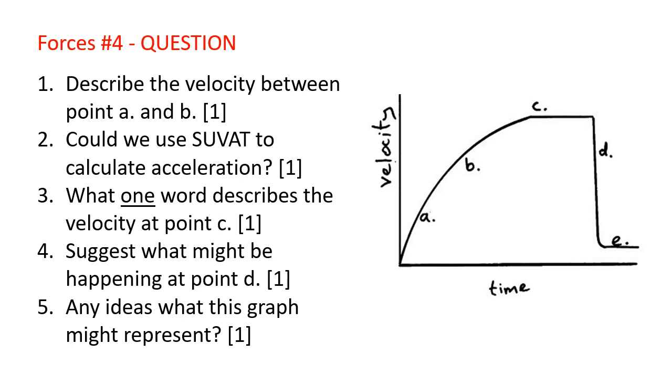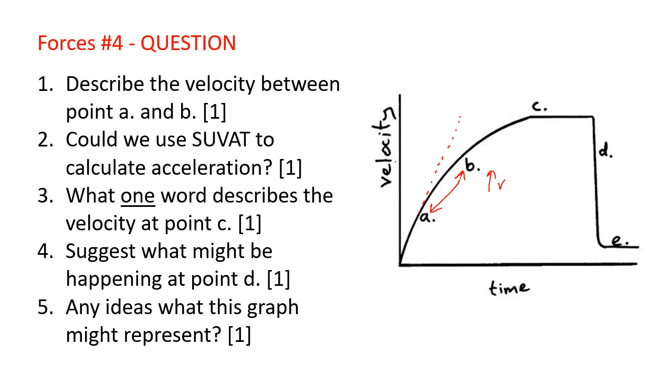Okay, so if you're back with me, describe the velocity between point A and point B. People get themselves into a pickle because it's a curve. Well, if I kept going at a constant acceleration, by point B I would be on this dashed line that I'm just drawing in. So it's still accelerating, still going faster. Okay, so velocity is increasing.